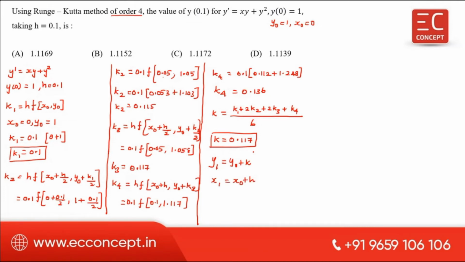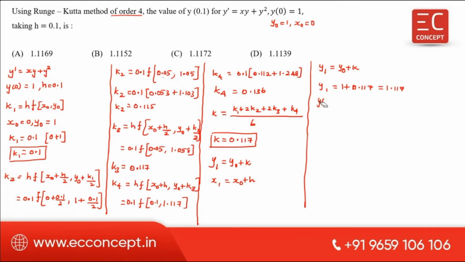So therefore the final result: y1 is equal to y naught plus k. So y1 is equal to 1 plus 0.117, which is equal to 1.117. So now your answer is 1.117. Y1 in the sense y of 0.1.